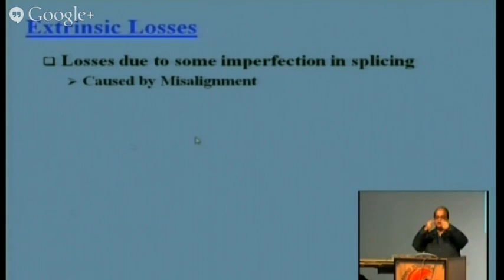If your fiber axes are not aligned while you are making a joint. Mostly in the telecommunication system, you are making a joint of maybe 8 to 10 micron fiber core. The main joint is core to core, so you have to be very, very careful in making this joint.